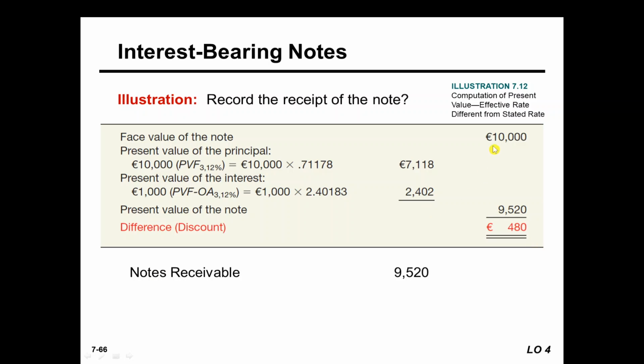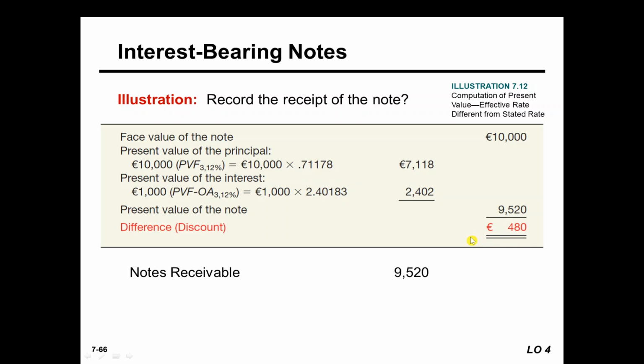So here, the face value of the notes is 10,000, and the present value of principal is 7,118, and the present value of interest is 2,402. So the present value of the notes is 9,520. We have a difference of 480 here.